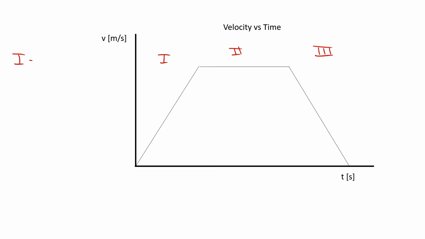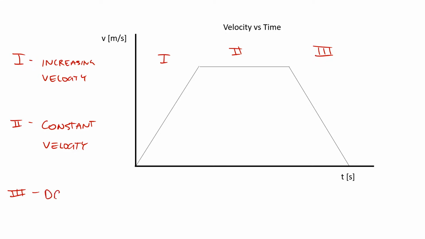Region 1, increasing velocity. Region 2, constant velocity. Region 3, decreasing. Okay.